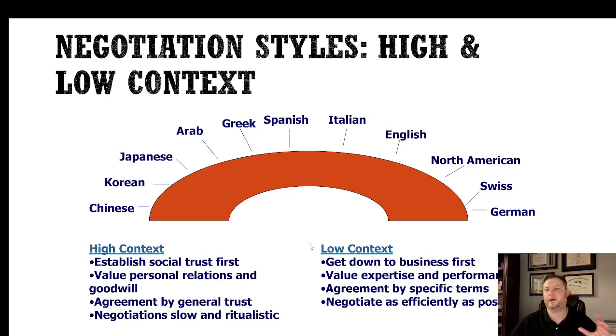Negotiation styles in terms of high and low context. If you've been watching these videos, you know that I've talked a lot about high versus low context. High context cultures and low context cultures really differ in their focus on self-expression and how you communicate in terms of being respectful to other people and not offending them.